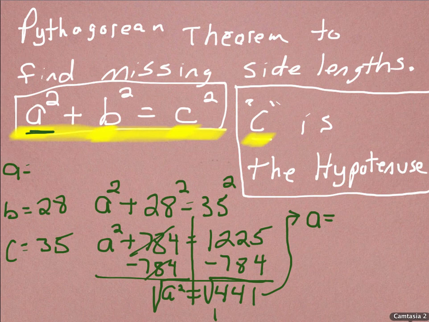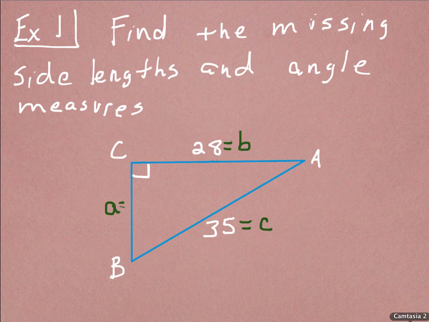You can close parentheses if you want. Oh, wait, it is a perfect square. Great. So I get 21. I thought I would get a decimal. So A, that missing side length, is 21. I'm going to go back to my example and label that. So A here is 21. I found all the missing side lengths, which is only one of them.